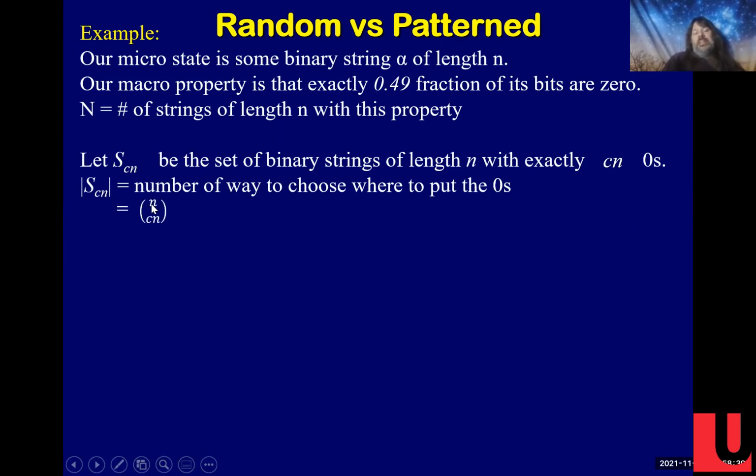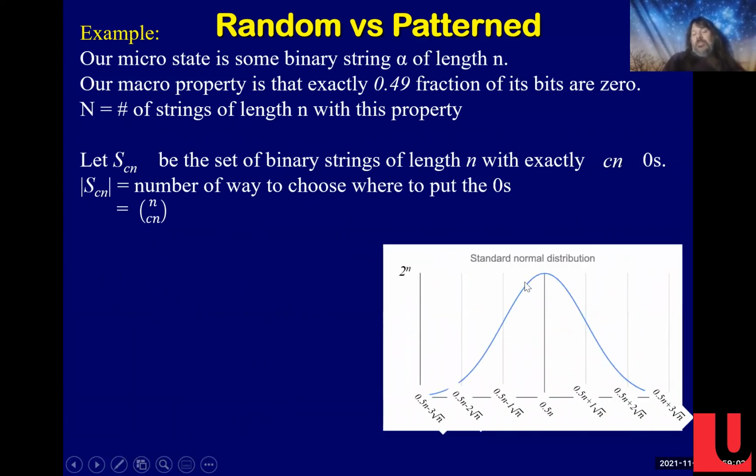It's the binomial coefficient, n choose Cn. I have a string of length n, and I ask how many ways there are to choose where to put the Cn zeros, because I want Cn of the bits to be 0. This is a bell curve you've seen before.